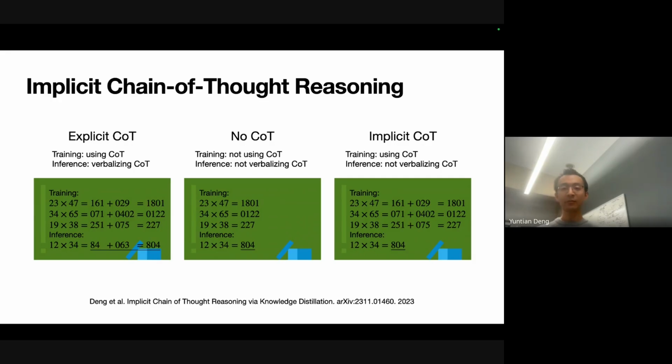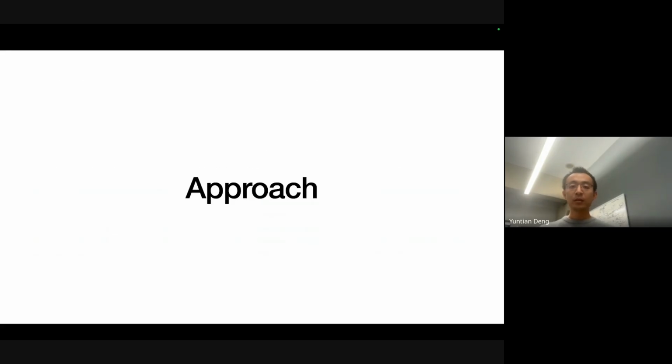But at inference time, we no longer allow the model to produce these chain of thought steps before producing the final answer. So this implicit chain of thought paradigm is a change in the training procedure, but at inference time, it is exactly the same as no chain of thought reasoning. It just looks the same as system one reasoning in the human brain.